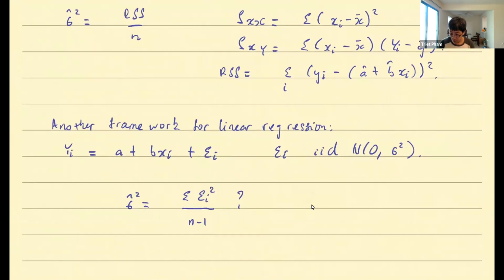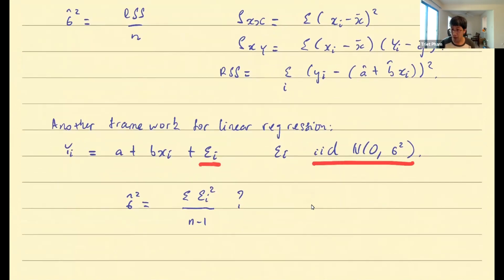We have the epsilon i here, IID data. Why don't we just go ahead and do that? You understand the question? Or maybe it's too silly.